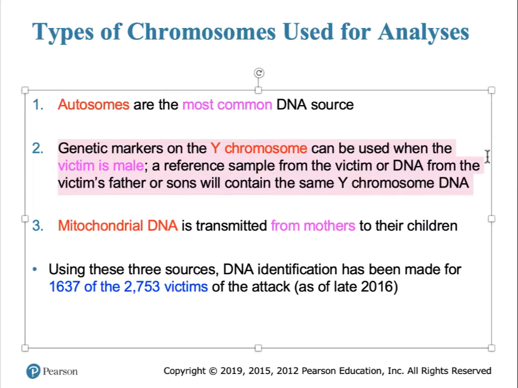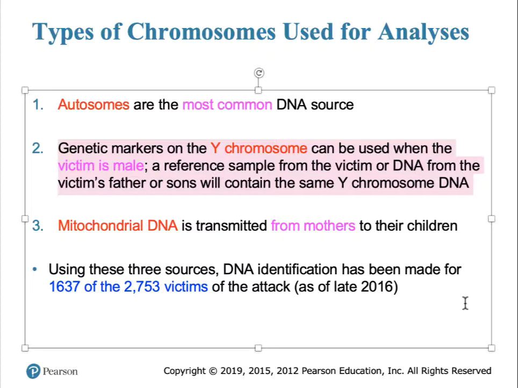Now for females, the situation is more complex. One solution is to follow mitochondrial DNA, which is transmitted from mothers to all their children via the egg. So if you have a remain and you can identify the potential victim by looking at the mother's sample and then comparing it to the remains in terms of mitochondrial DNA, that should identify who the offspring of the mother are.